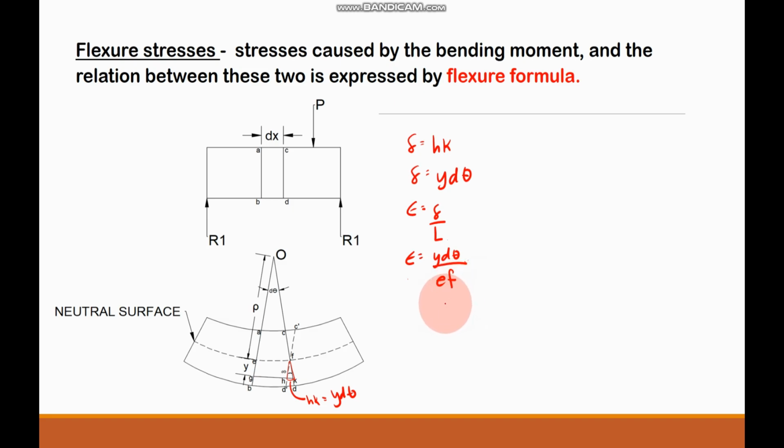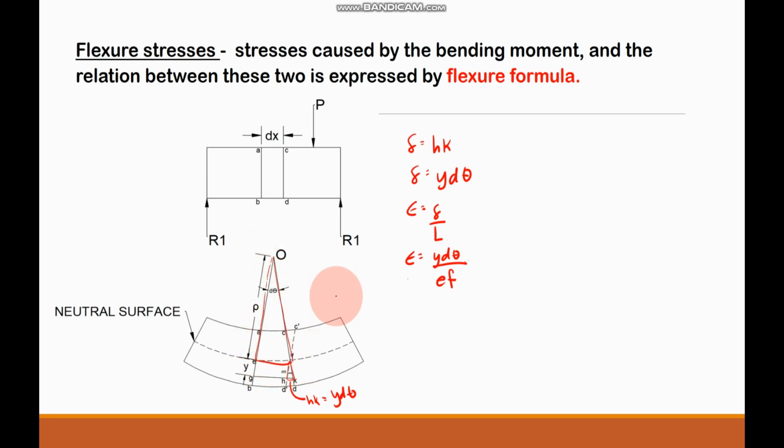So if we denote the radius of curvature of the neutral surface by ρ, from the center up to the neutral surface, let us consider it as ρ. The curved length EF is now equal to ρ dθ. Right? So our EF is the arc that we are considering.